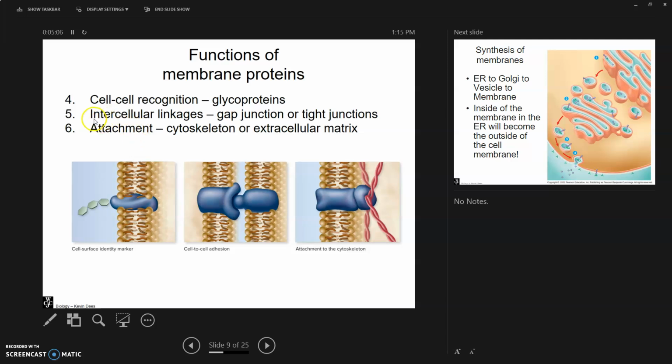Other membrane proteins are there to form intercellular linkages. By linking together, they can form gap junctions or tight junctions to hold these cells together. And then some membrane proteins are simply there to attach either the extracellular matrix proteins or the cytoskeletal proteins to the cell's membrane in order to provide some strength.